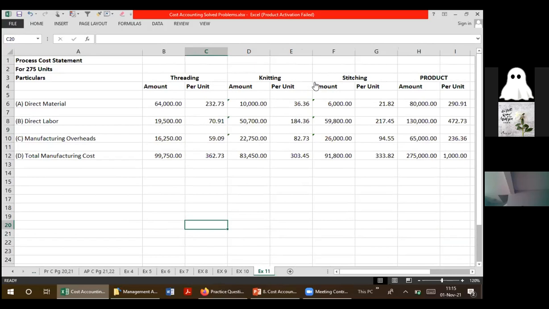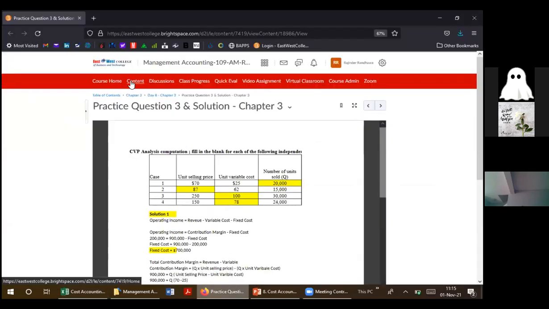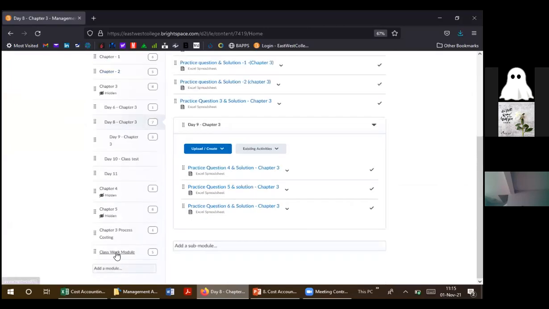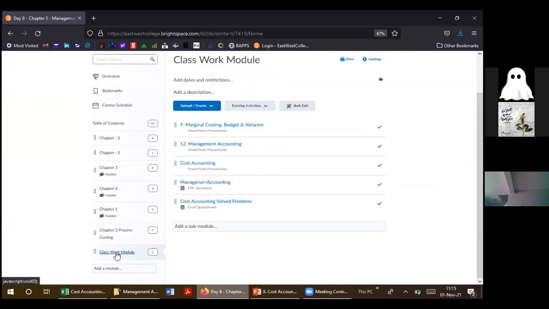Upload that as a JPEG on Brightspace here, under Classwork.